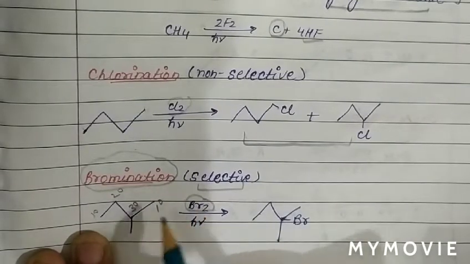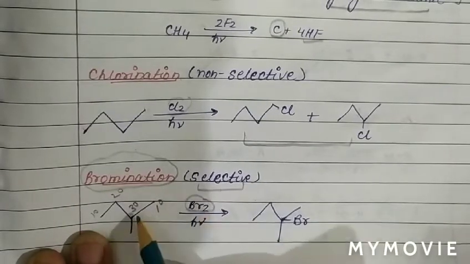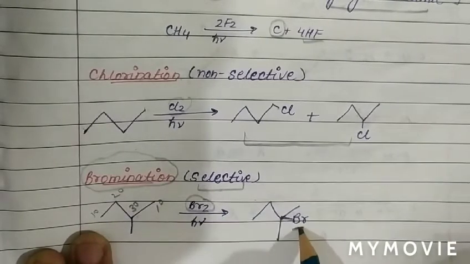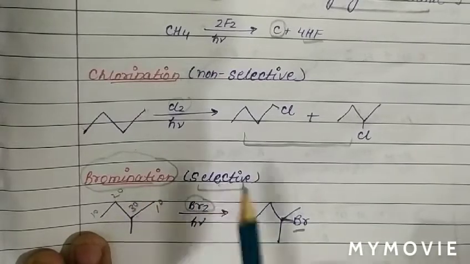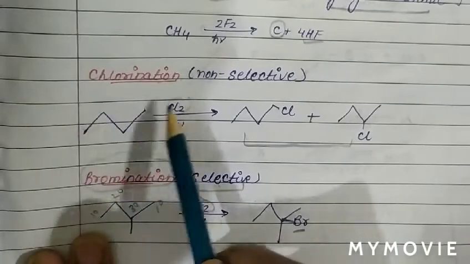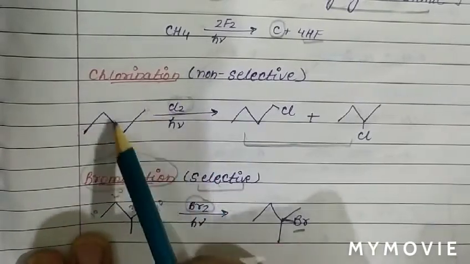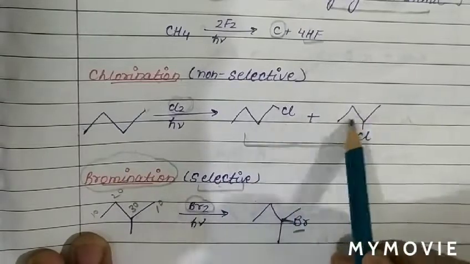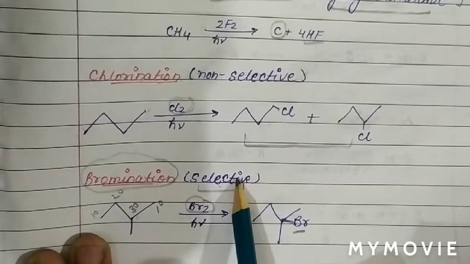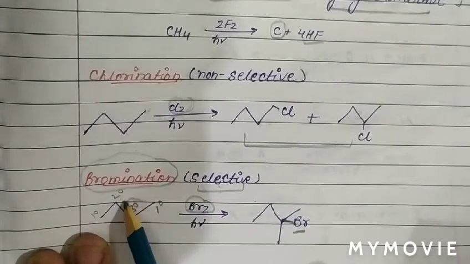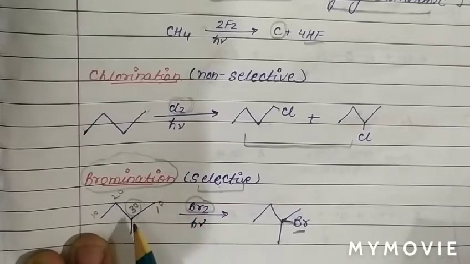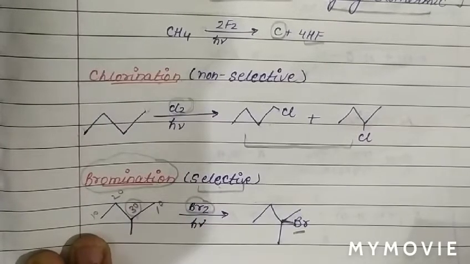Therefore bromine will attack selectively at the 3 degree position. So bromination is selective, while chlorination is not selective. Chlorine will attack at all positions in such a way that we get different isomeric products, while bromination is selective in nature, therefore bromine will attack at the most stable position. So in this compound, the most stable position is the 3 degree position, therefore bromine attacks at the 3 degree position.